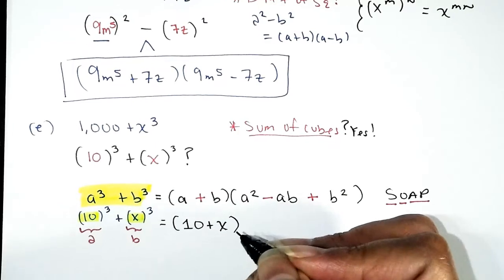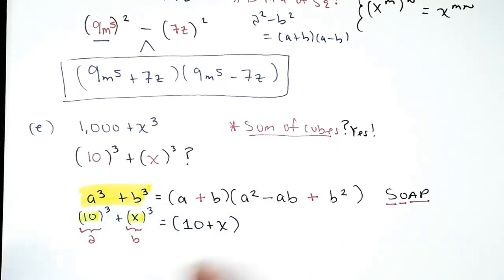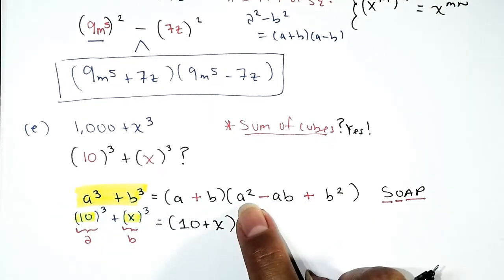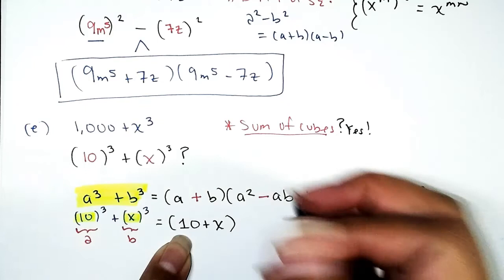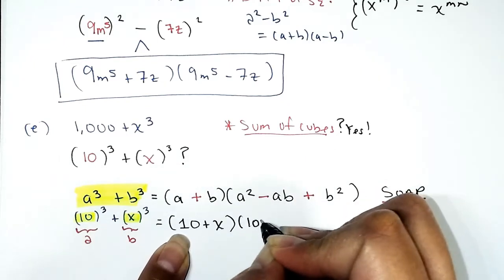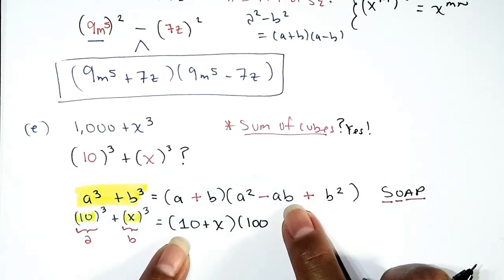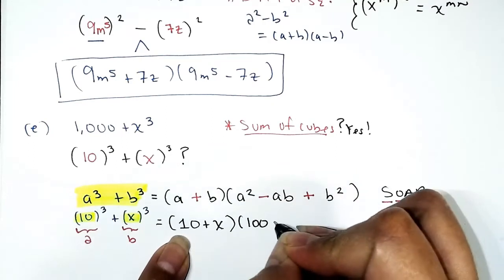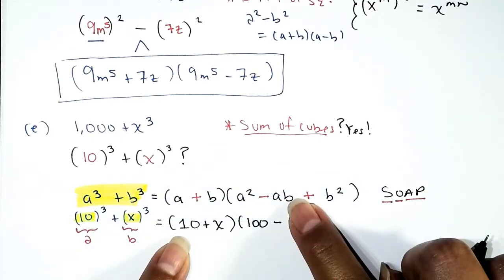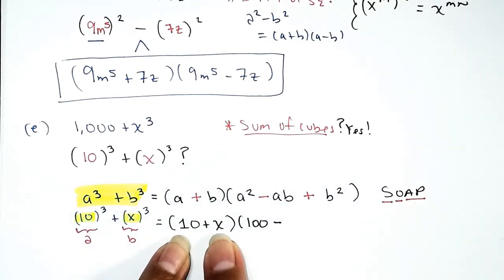and then for the trinomial factor, the first term is of the form a squared. So I'm going to take my a and square it. 10 times 10, 100. Keep plugging it in. Minus ab. Product of a and b, namely 10 and x, will give us 10x.